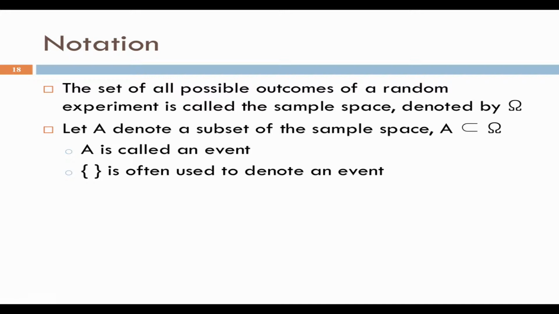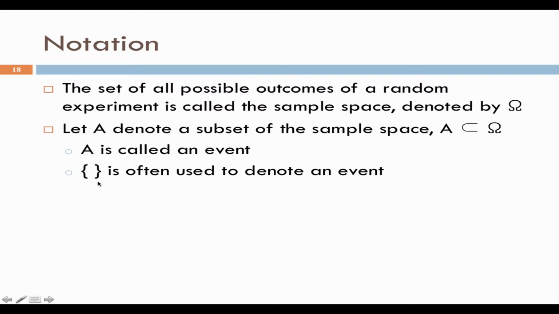And in mathematics or in statistics, we typically use this letter to represent an event. So here I can use A or B. Conventionally, you use a capitalized letter to represent the event.